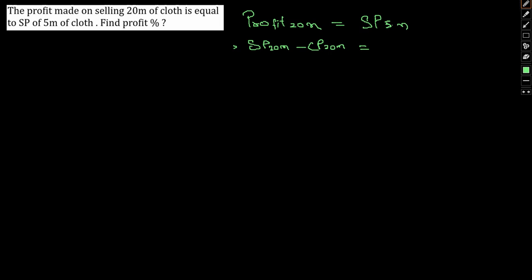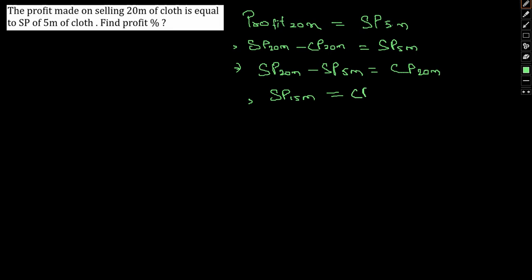Therefore we can further see selling price of 20 meter minus selling price of 5 meter equal to cost price of 20 meter, or selling price of 15 meter is equal to cost price of 20 meter.